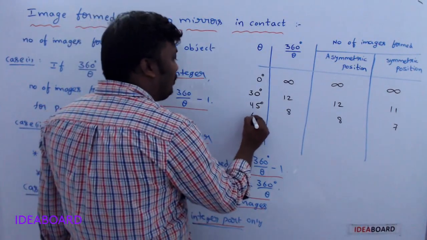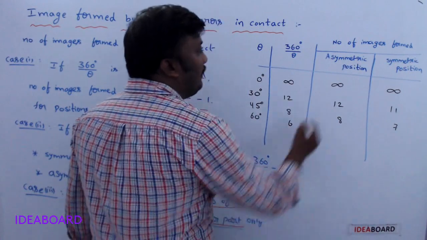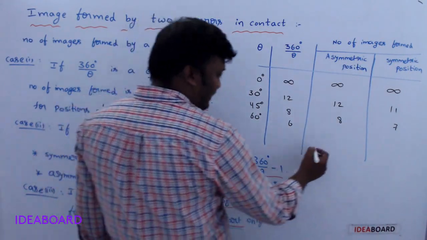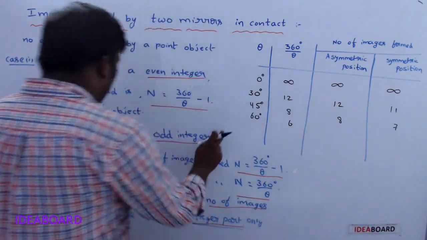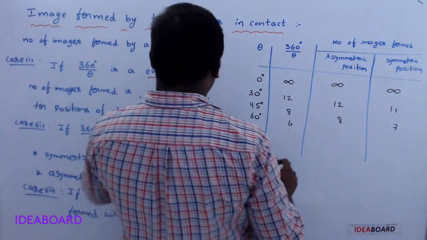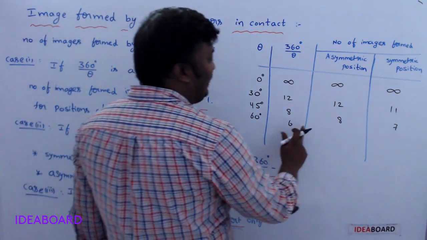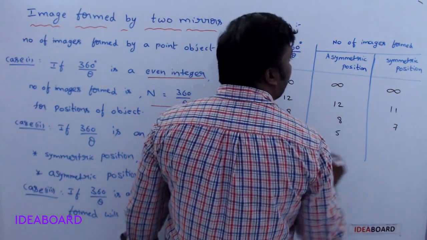Take another angle, 60. 360 by 60 is 6. Sorry, it is an even integer. For an even integer, the number of images formed is 360 by theta minus 1, which is 5 only.